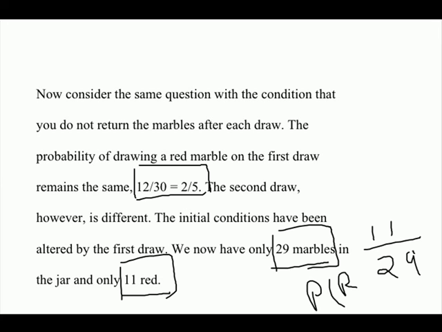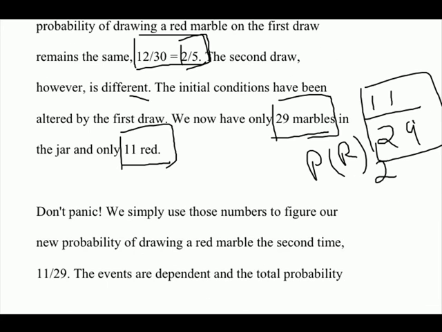Now in the first draw it was 2 by 5. In the second draw it is 11 by 29. So the total probability would be 2 by 5 multiplied by 11 by 29.